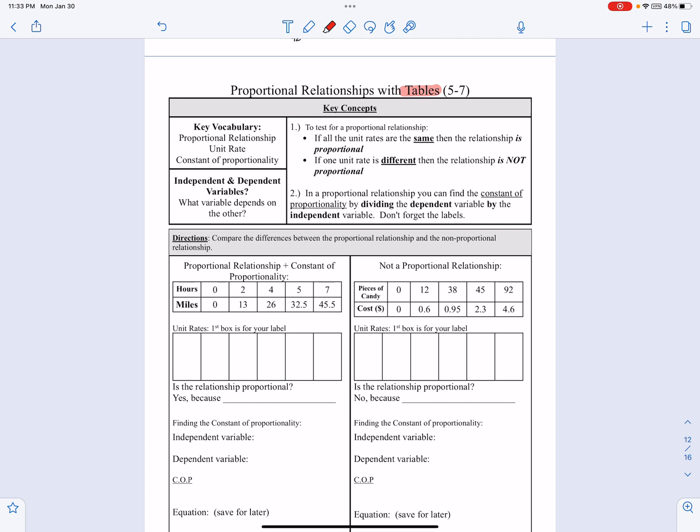And when we identify proportional relationships, we're really talking about what are you doing to get from X to Y when we're looking at those specific ratios, whether that's in a table, a graph, or written in an equation. And so that's what we're going to focus on today.